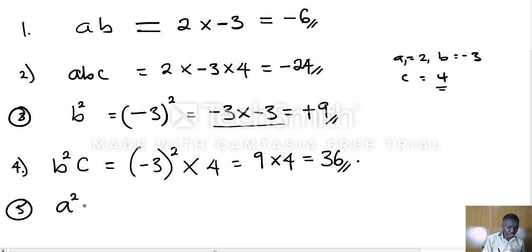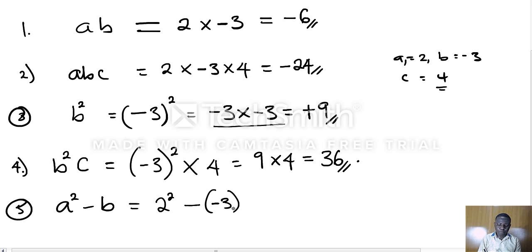Question 5 says A squared minus B, which is equal to, we substitute, then we simplify. A is giving us 2. This is equal to 2 squared minus B, and B is said to be -3. Now look at this.